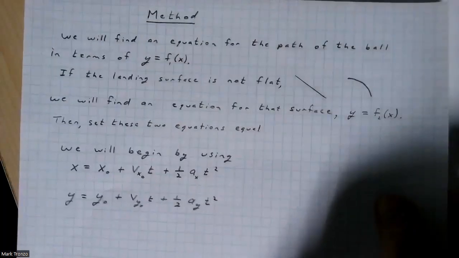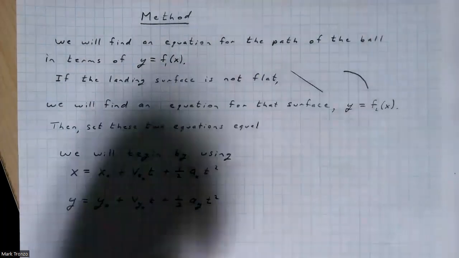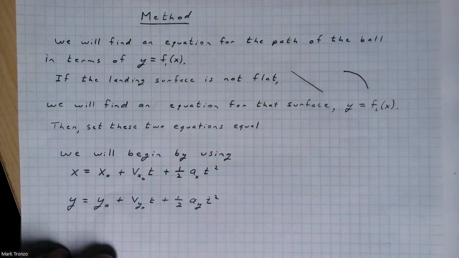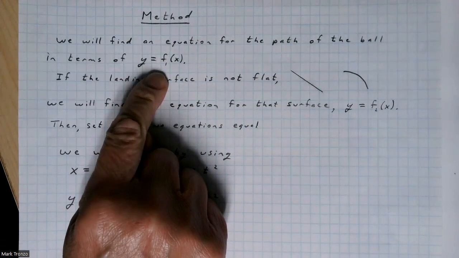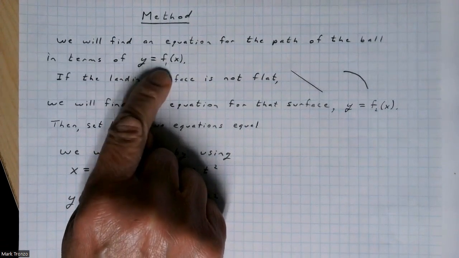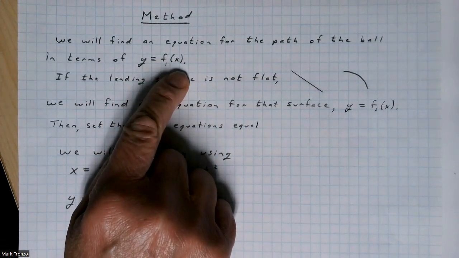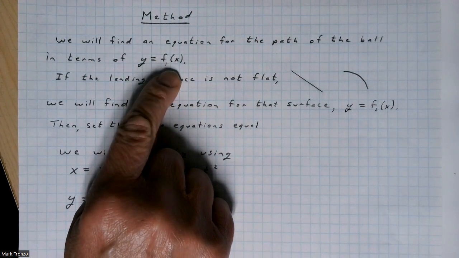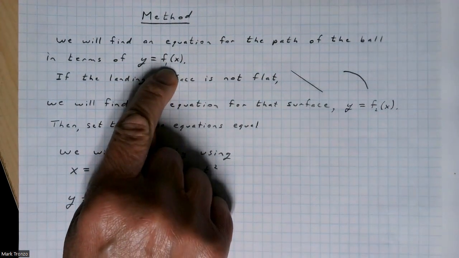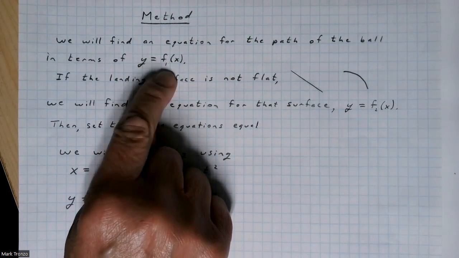And the method that we're going to use, and this is the most versatile method, is to find an equation for the path of the ball. Ultimately, we want to find an equation for the path of the ball in terms of y as a function of x. Now, if the problem is very simple, you don't need to do this, but I think it's good to get used to doing this because this will work in all cases.